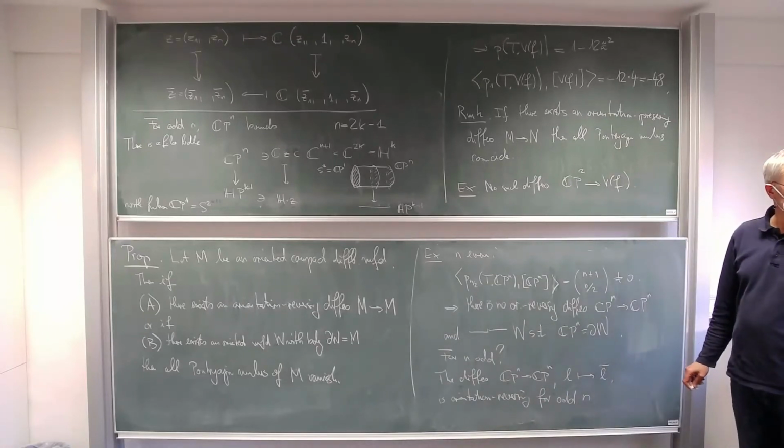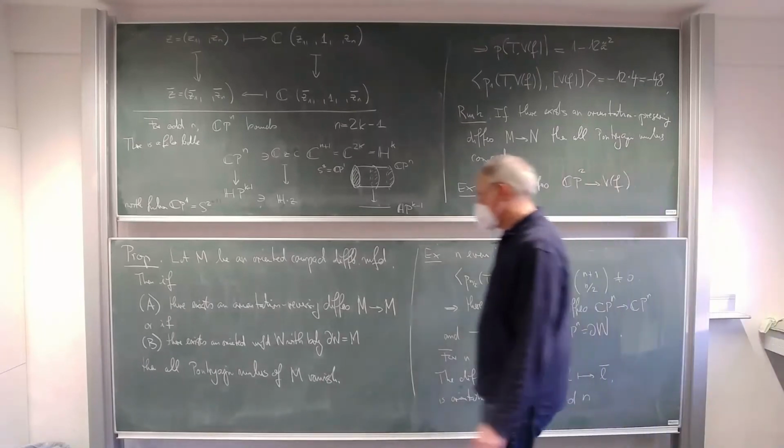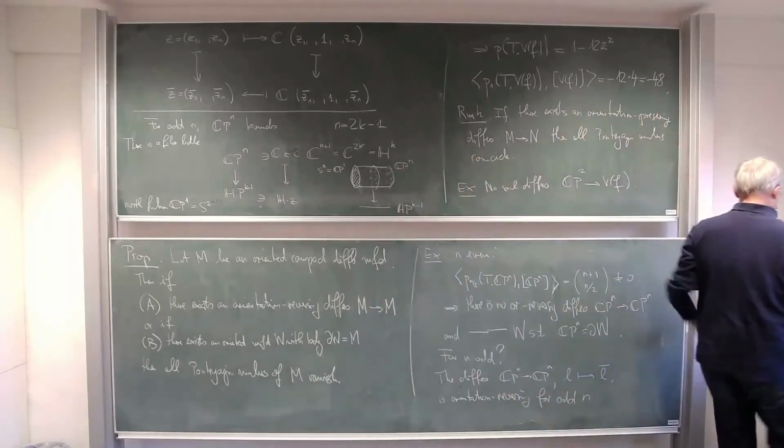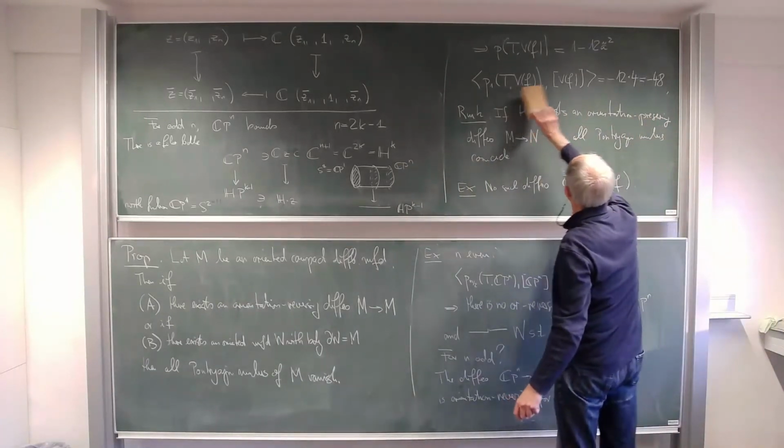Is that clear? Yeah. And in this other example, the K3 surface, there is still a non-vanishing Pontryagin number.